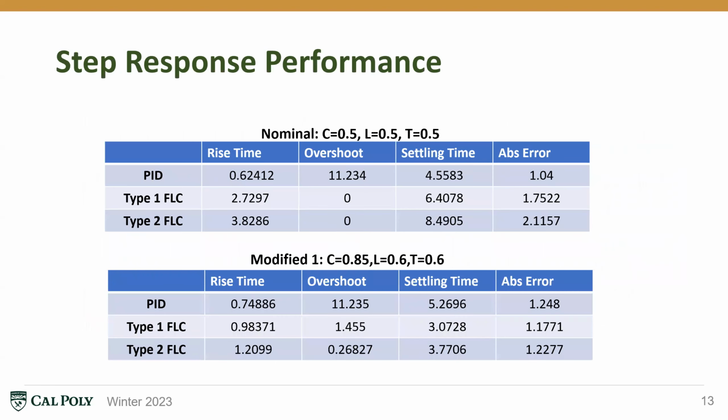So here are the statistics of how the controllers respond to the step. Even though the PID has less absolute error, it has a way larger overshoot, and a longer controlling time overall.